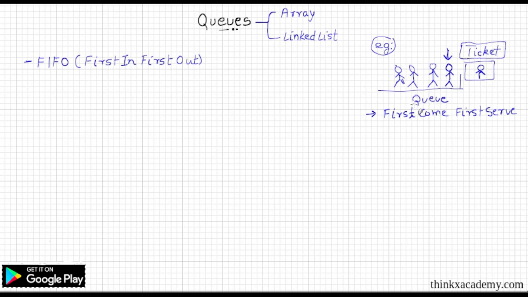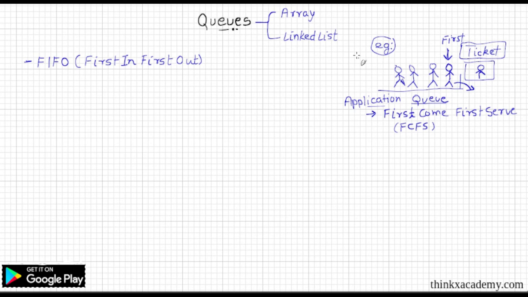So the basic idea of queue says the first in first out principle. This means that the first element that you are going to insert in the queue is going to come out of this queue first. And the basic application of queue is the first come first serve basis, which is also known as FCFS.